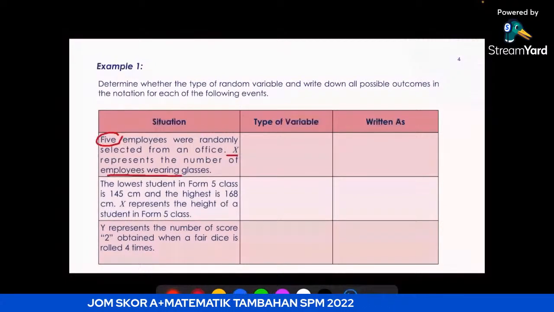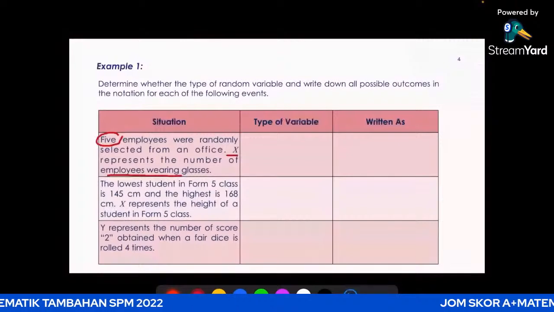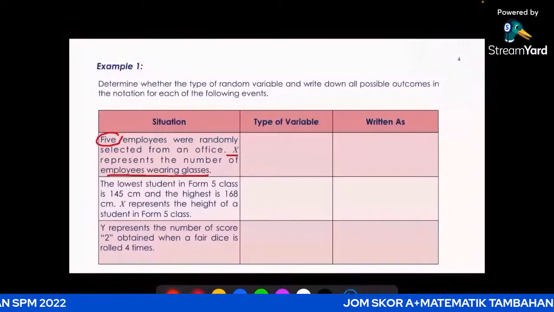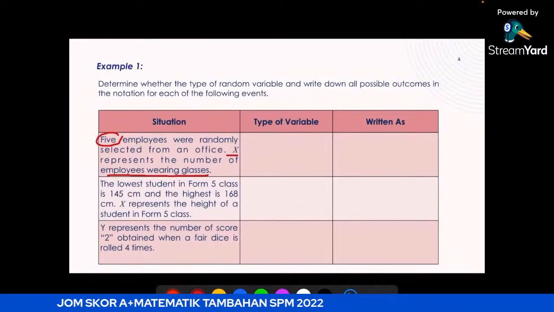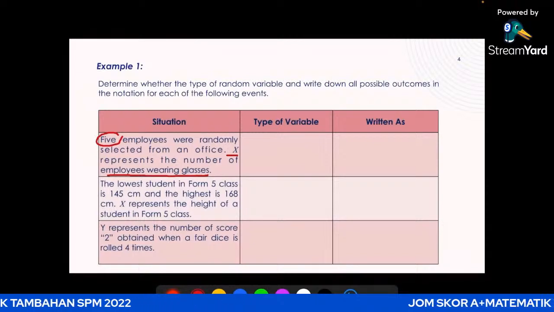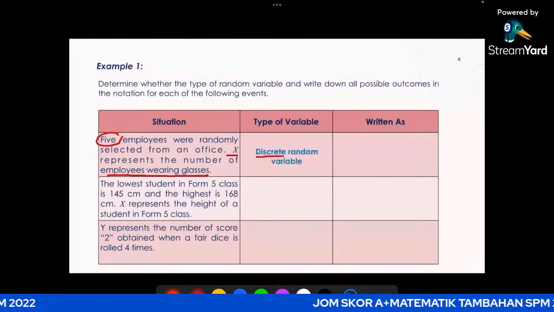We are taking 5 employees and the number wearing glasses is something that we can count, so this is a discrete random variable.